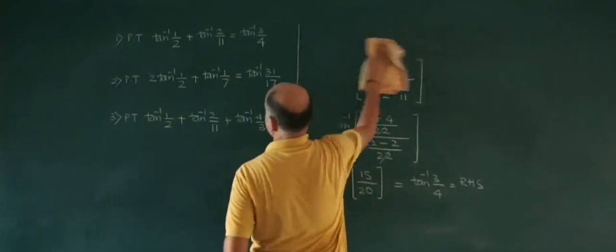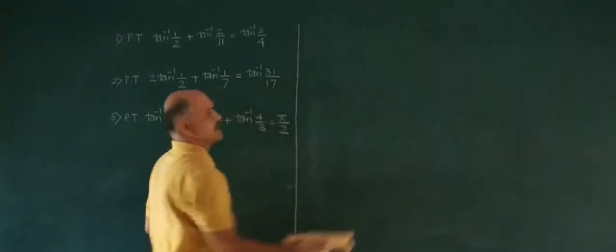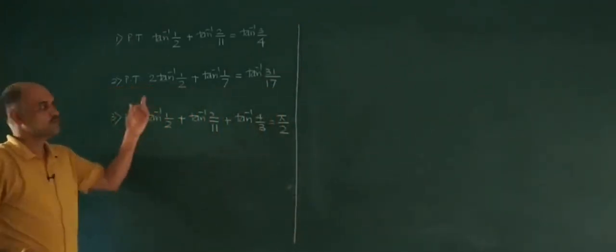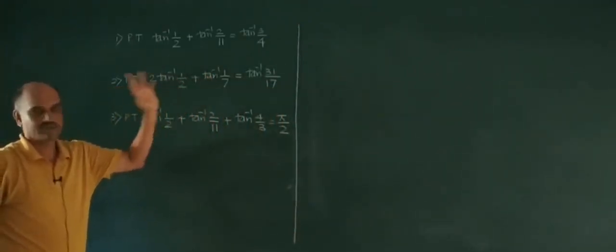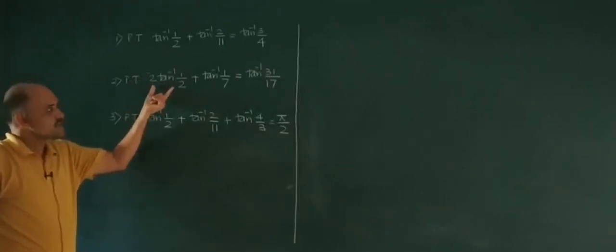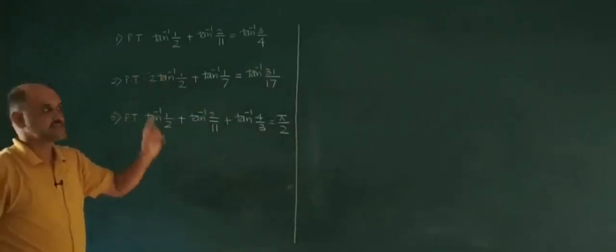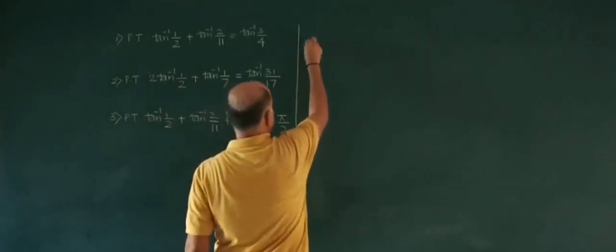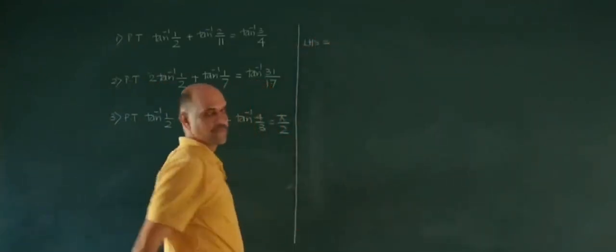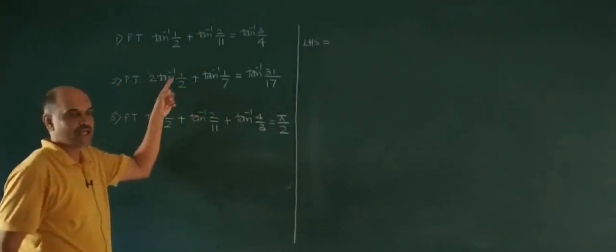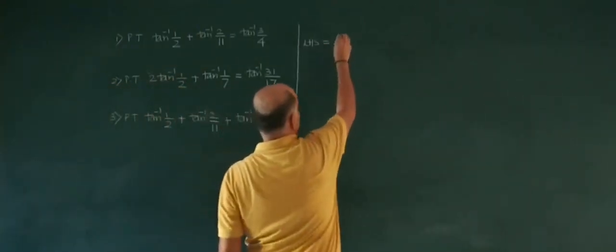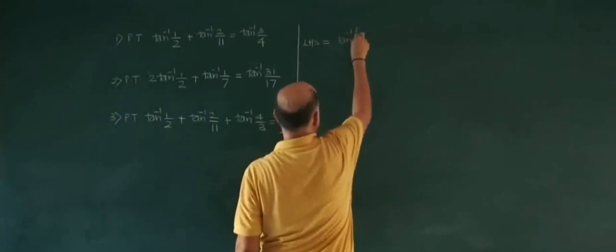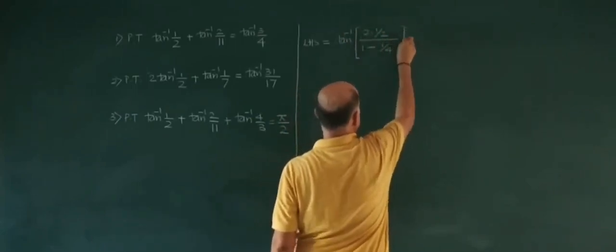Okay. Now second, again if you take LHS, here you are having 2 tan inverse 1 by 2 plus tan inverse 1 by 7. So first you should apply here the 2 tan inverse x formula. So for the second one, LHS is equal to, apply the 2 tan inverse x formula. 2 tan inverse x is tan inverse 2x divided by 1 minus x square. So 1 by 4.